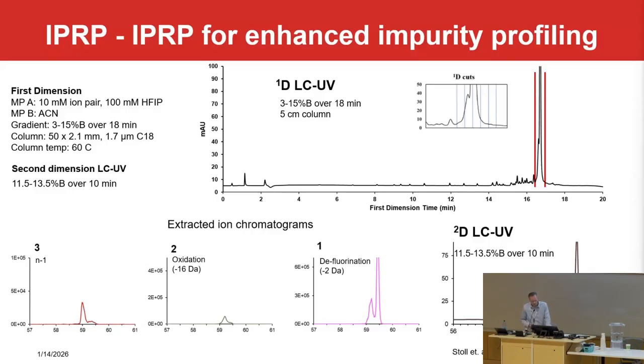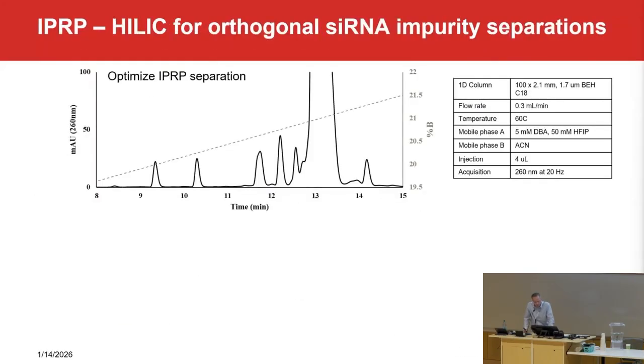Of course, there's still peak overlap, and so our next move was to use a more orthogonal separation approach, which was HILIC. In a similar vein, we do ion pair reverse phase separation in the first dimension. We can separate N-1, N-2, oxidation impurities, defluorination impurities, but you still see peak overlap.